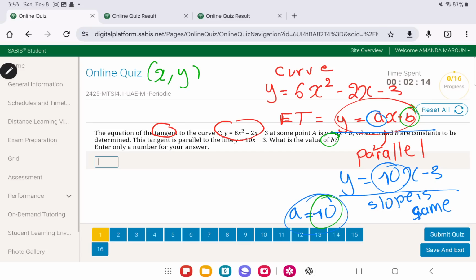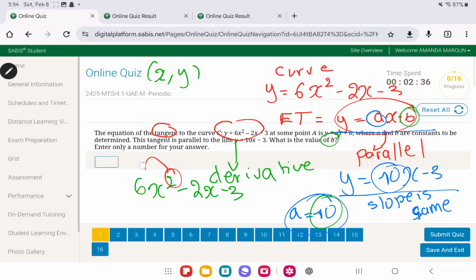First thing, you know that to find the slope of an equation of a curve, using the tangent, we have to find its derivative. To find its derivative, I believe everyone knows how to do the derivative. So let's say we have 6x squared minus 2x minus 3. To find the derivative, you're going to look at x. Its power is 2, so it's going to become 2 times 6, which is 12.